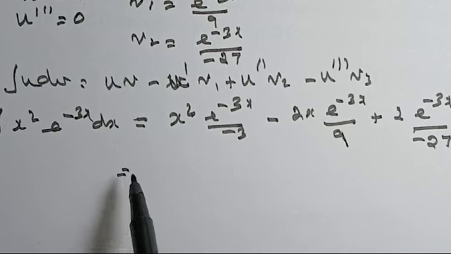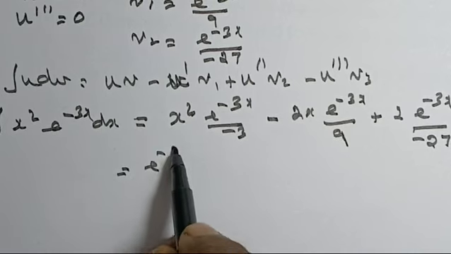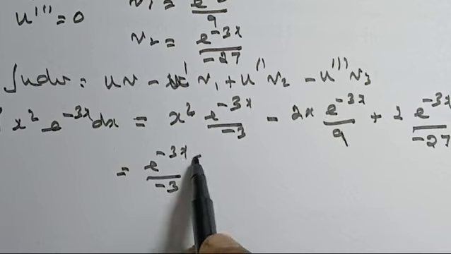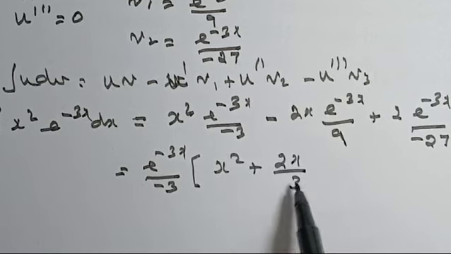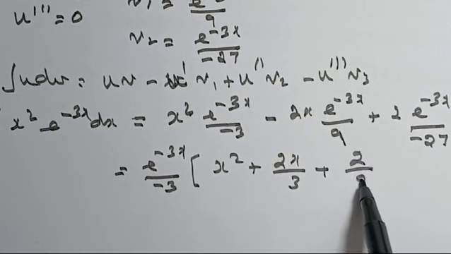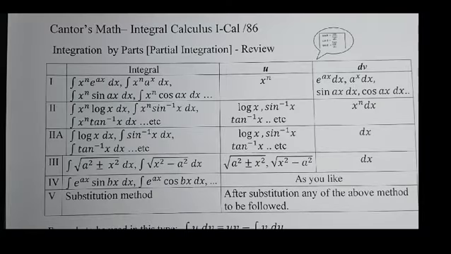Now here you take e power minus 3x by minus 3 out, what will I get? x squared plus 2x by 3 plus 2 by 9. That's all.